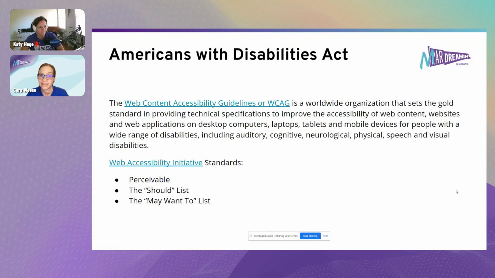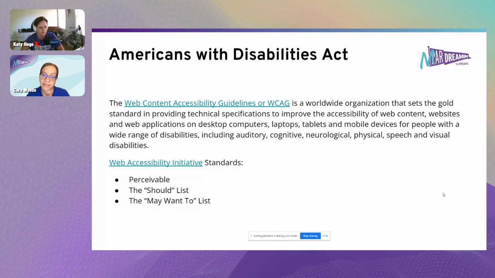The Web Content and Accessibility Guidelines is a worldwide organization. So this is outside of the ADA, but very similar. And they actually provide worldwide standards and expectations. These list out legal obligations and how to make sure that you're following them. So you have perceivable actions.